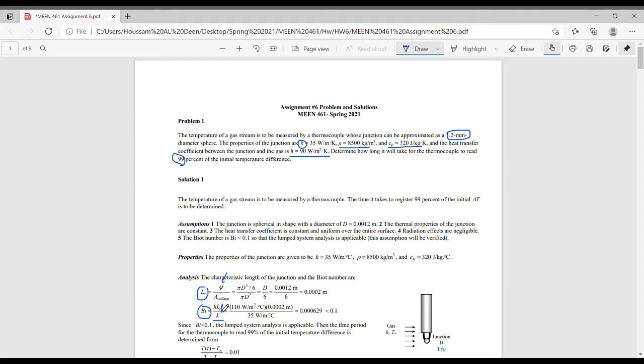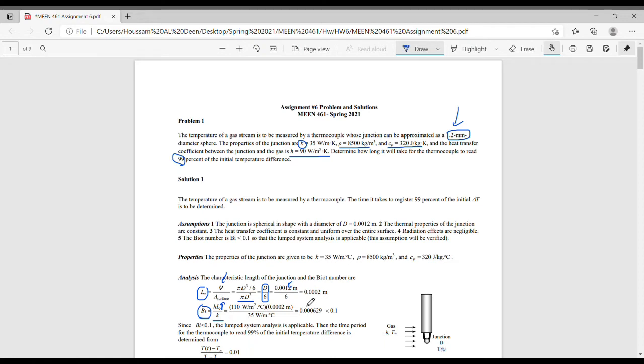Now the volume is given by pi d cubed over 6, and the area of the surface is just 4 pi r squared, or pi d squared, and we get that it's just the diameter of the sphere divided by 6. We're given the diameter of the sphere here to be 1.2 millimeter, which is 0.0012 meter.